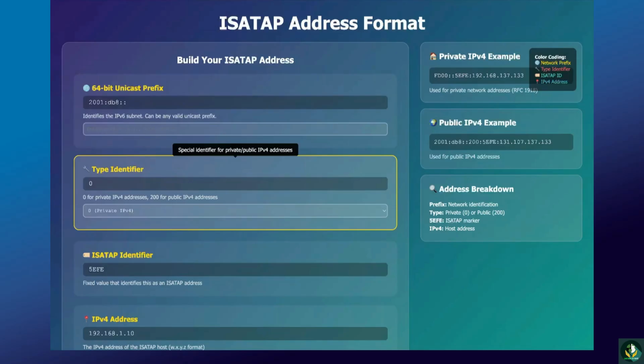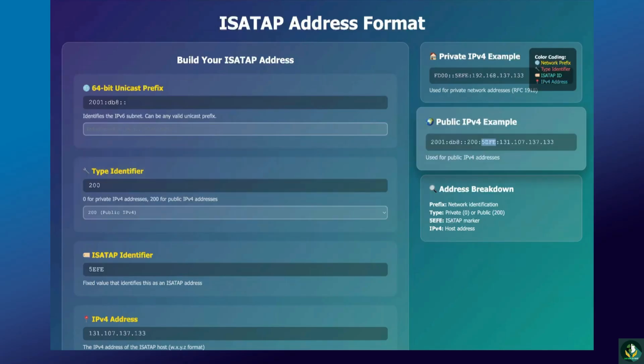For a private IPv4 address, there will be a 64-bit unicast prefix first, and for a public IPv4 address, there will be a 64-bit unicast prefix, for example, 2001:db8:200 and so on. And by the way, there should be a 5EFE identifier in the address, which will signal that it's an ISATAP address. So if you see this 5EFE identifier, it signals that it's an ISATAP address.